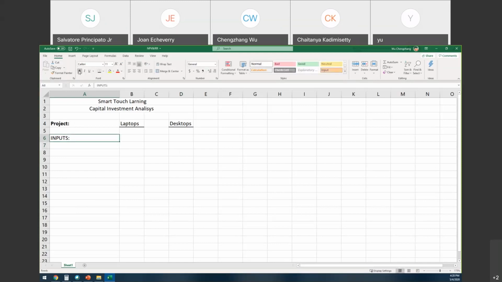I need two inputs: useful life in years and discount rate. Useful life is basically the number of periods, to be 5 years, and discount rate to be 14%.